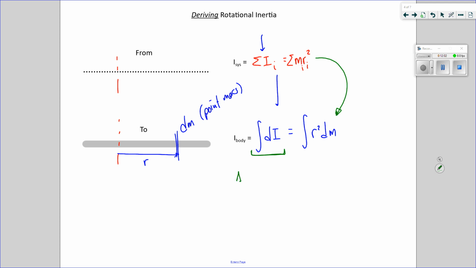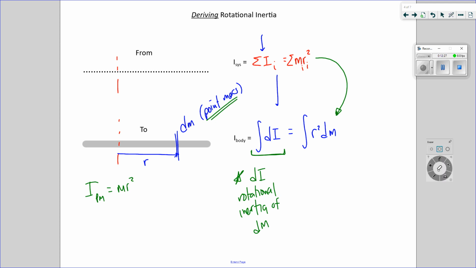Now the big deal here is dI is the rotational inertia of your dm. Notice, in this case, our dm is a point mass, and a point mass rotational inertia is mr squared.